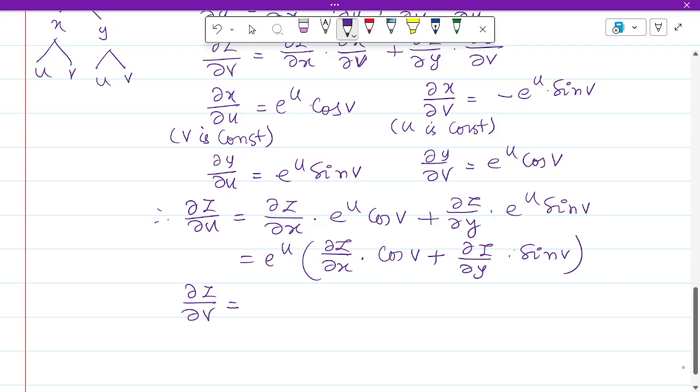∂z/∂v equals, first, ∂z/∂x we can write, then minus e^u sin v, plus ∂z/∂y e^u cos v.